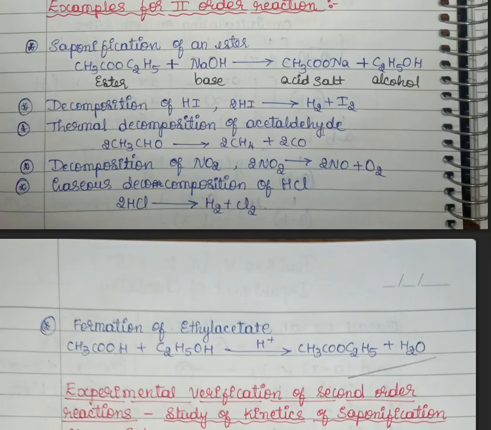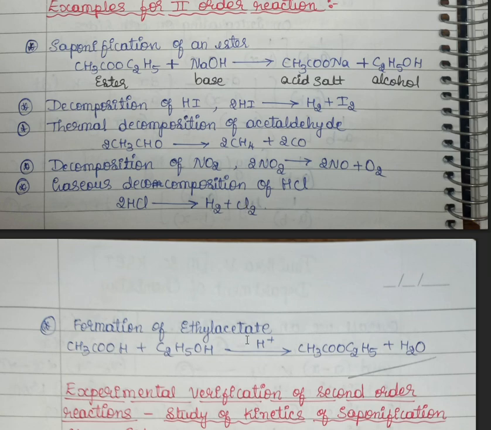Thermal decomposition of acetaldehyde, CH3CHO, gives 2 moles of CH4 methane plus 2 moles of carbon monoxide. Next, decomposition of NO2. 2 NO2 gives 2 NO plus O2, oxygen. Gaseous decomposition of HCl. 2 HCl gives hydrogen plus chlorine gas.